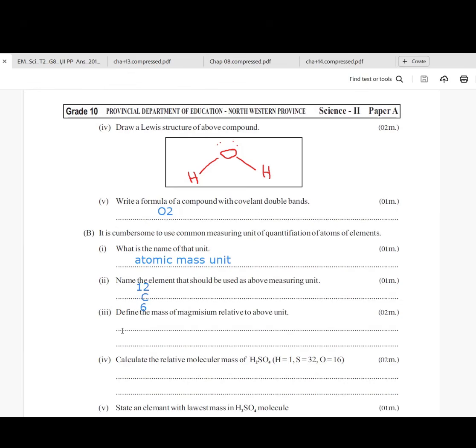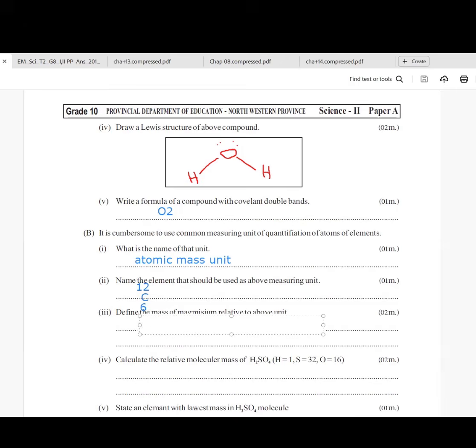Define the mass of magnesium relative to the above unit. To give that, you have to take the ratio between the magnesium mass and the atomic mass unit.